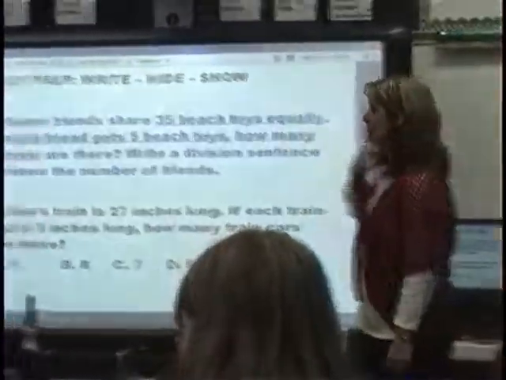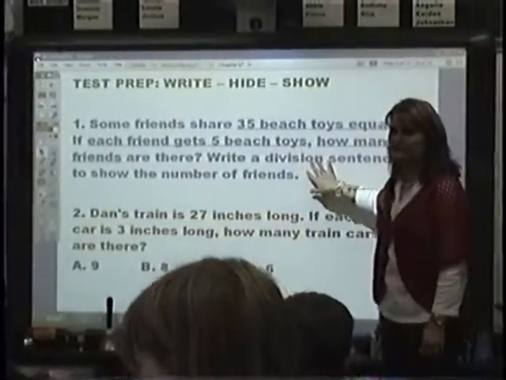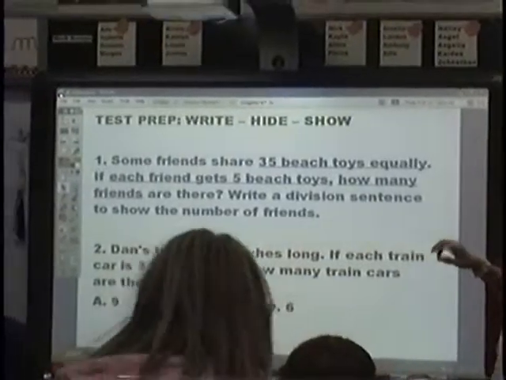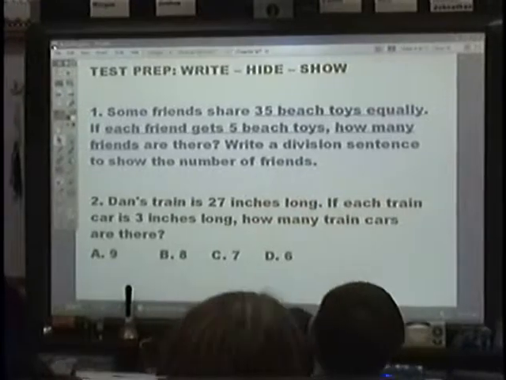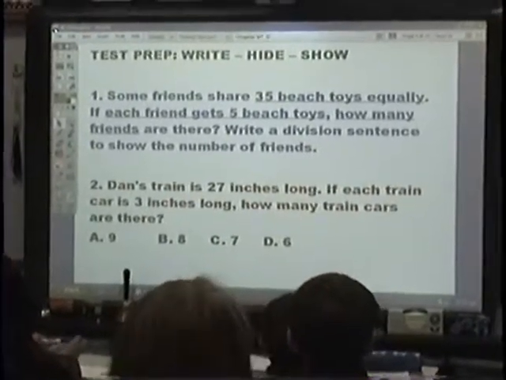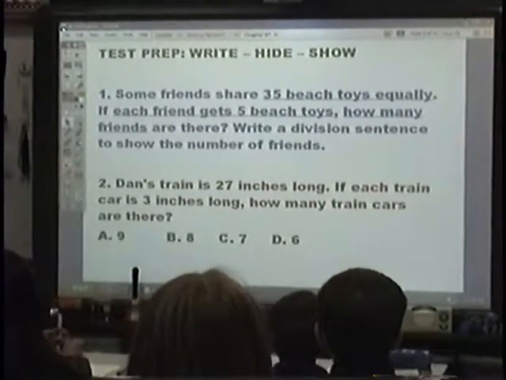Eyes up here. I want you to look at the first problem up here. Now, this is going to be on your own. I want to see how well you understood today's lesson. Some friends share 35 beach toys equally. If each friend gets 5 beach toys, how many friends are there?